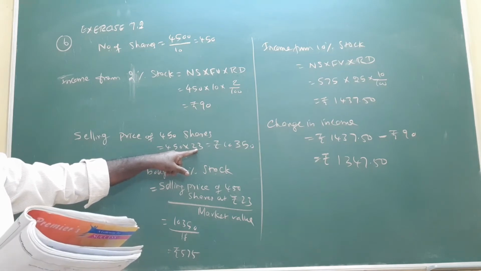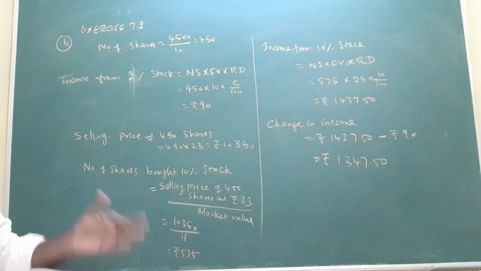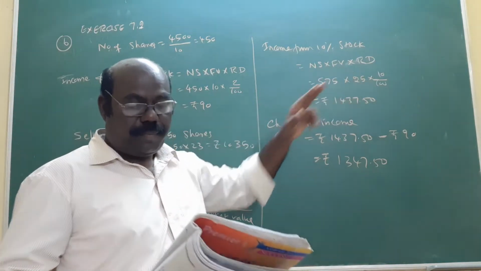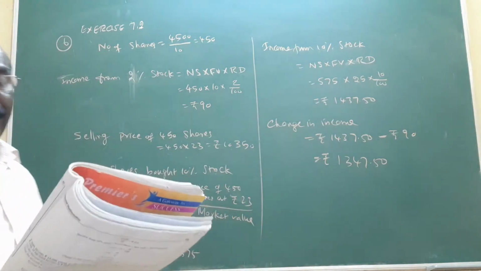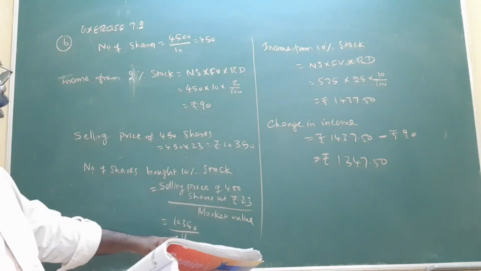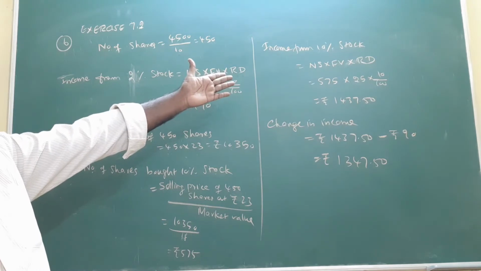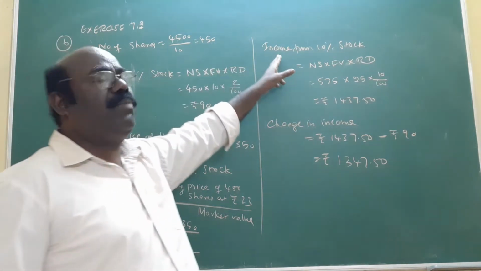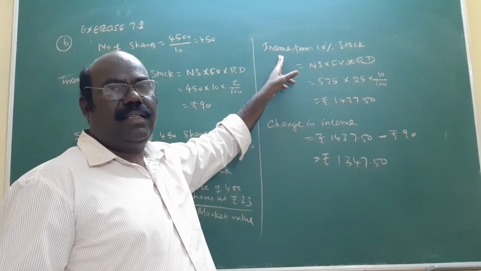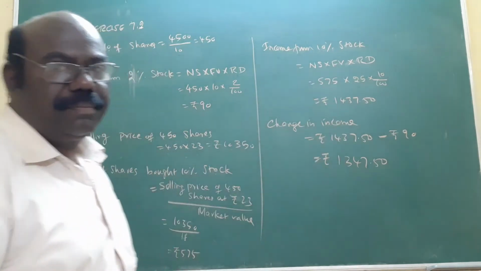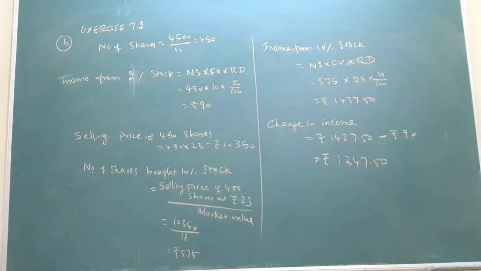And he invested the proceeds in rupees 25 shares, 10% per annum at 18 rupees, divided by 18. This is the market value. Now, using the formula again, we find the income. Income, dividend, or annual income, both are the same, you know. So in the formula, you get that. This is called change in income.